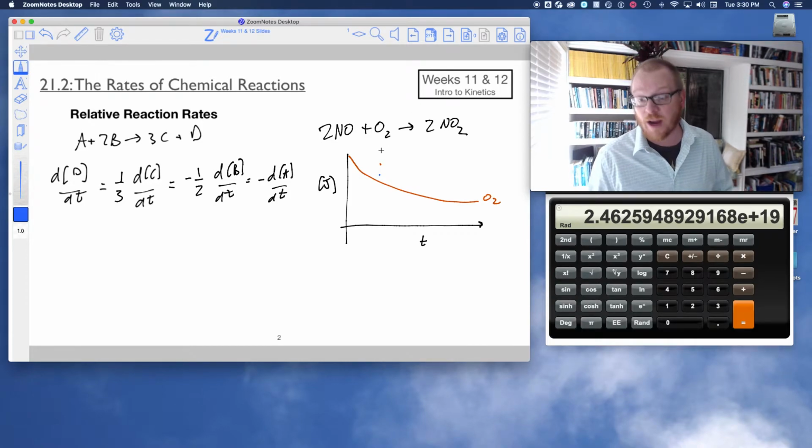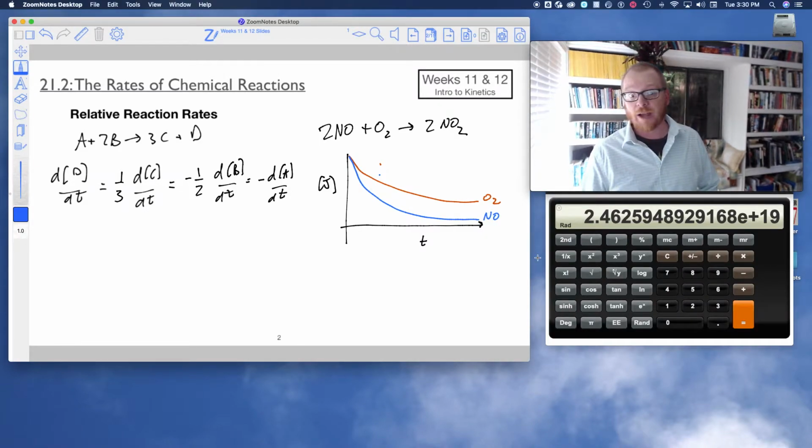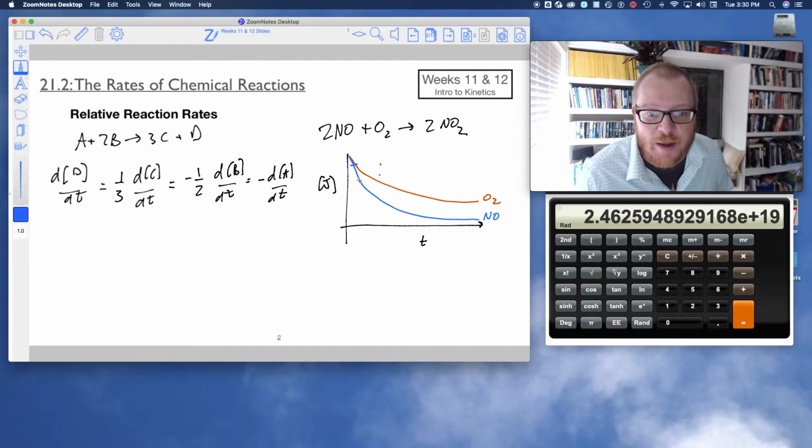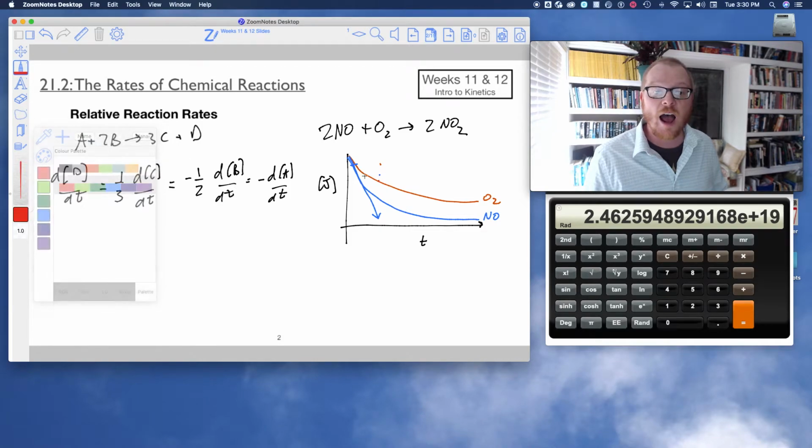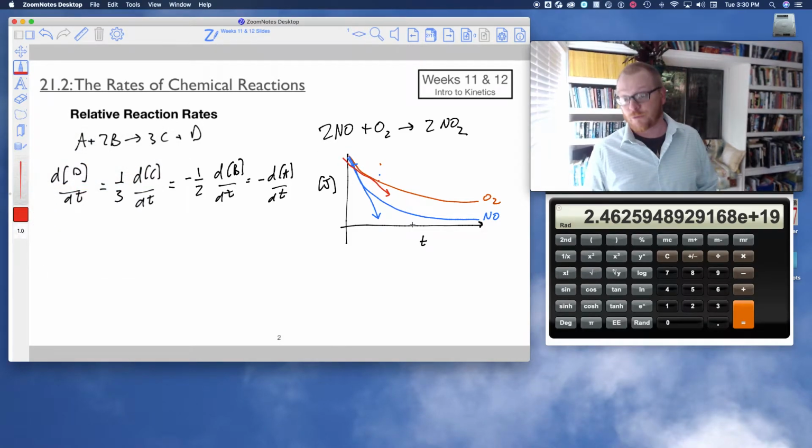That would give me my relative rate, but my absolute rate would show me that the slope for NO is twice as steep as it is for O2. If I picked a point, the slope right there, my rate would be 2 times as steep as my rate for O2 because of that stoichiometry.